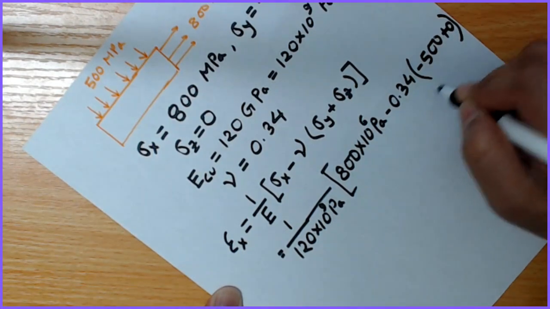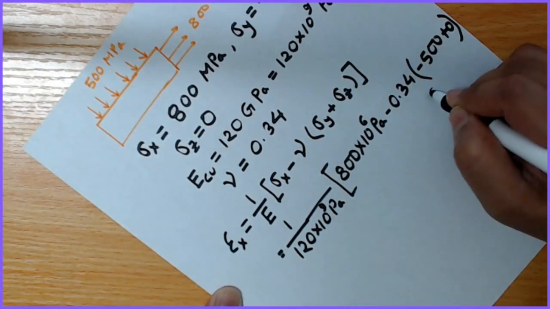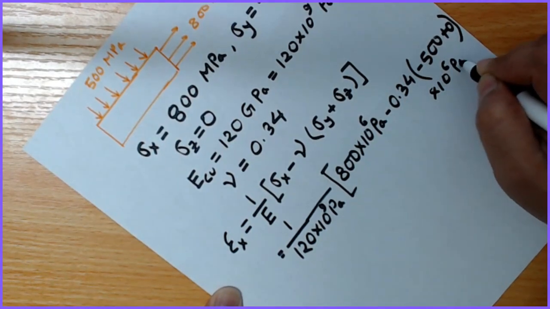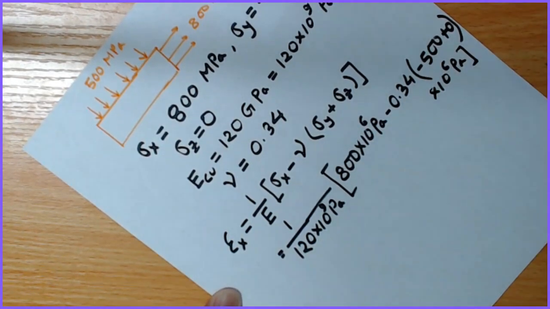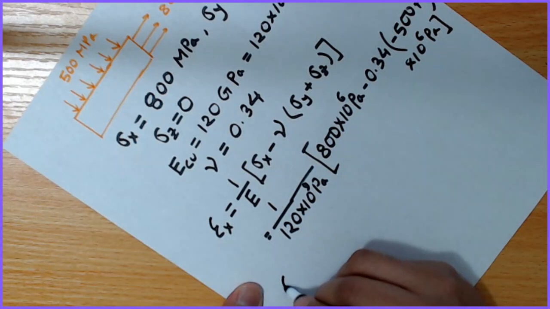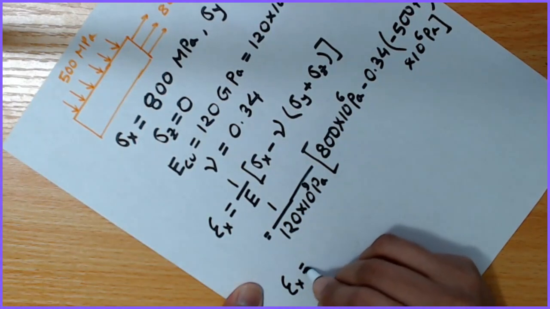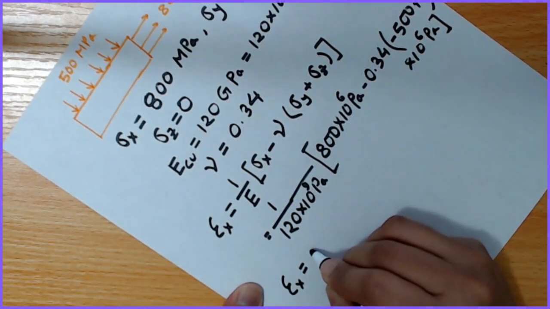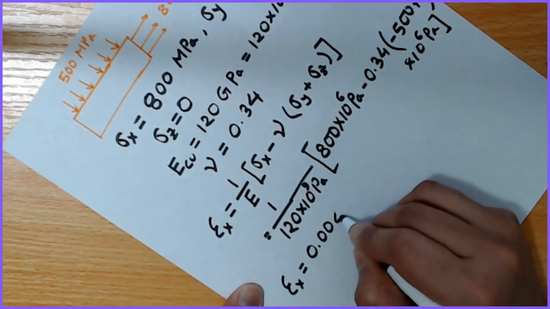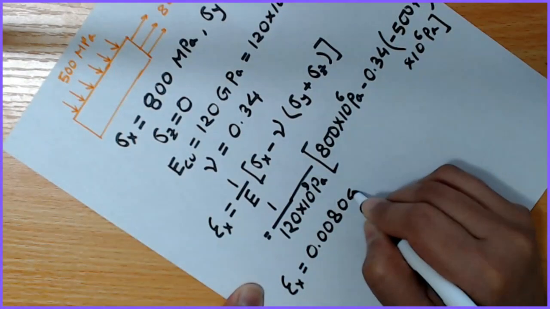So this one we can write, and that should be 10 to the power 6 Pascal. Okay, so our epsilon x is, if we do the calculation correctly, 0.00808.